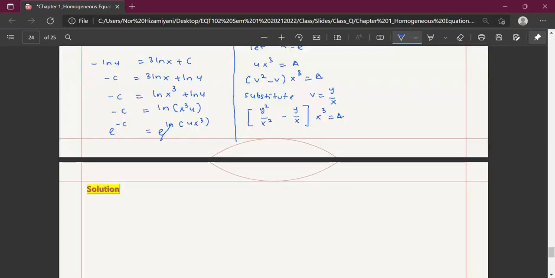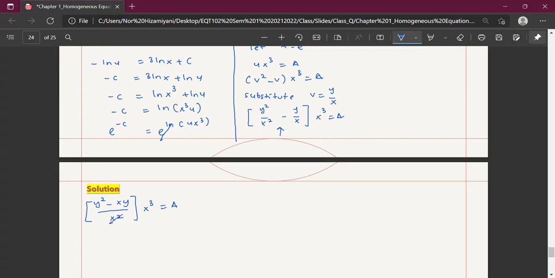So try to make the denominator for these functions similar. You multiply with x, you will get (y² minus xy) divided by x², multiplied with x to the power of 3, equal to a.